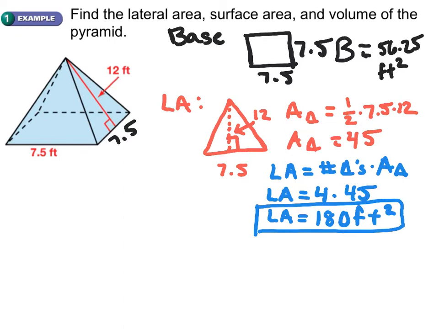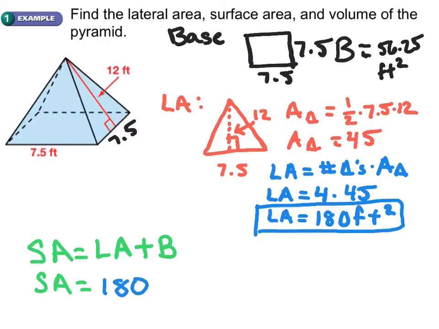Now if I'm calculating the surface area, as we said before, surface area for a pyramid is lateral area plus the area of one base. So there's only one base in our pyramid. So for this case, surface area equals our lateral area, which is 180, plus the area of the base, which is 56.25.